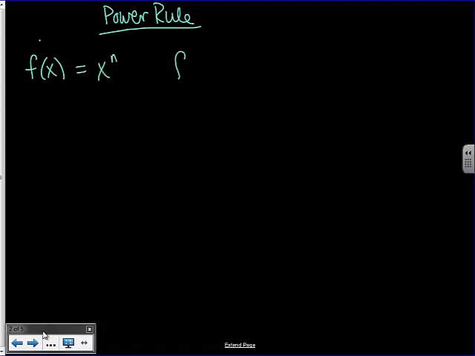Moving on to our power rule. Here's our power rule. If f of x is x raised to some power n, then f prime of x is n times x raised to the n minus 1.